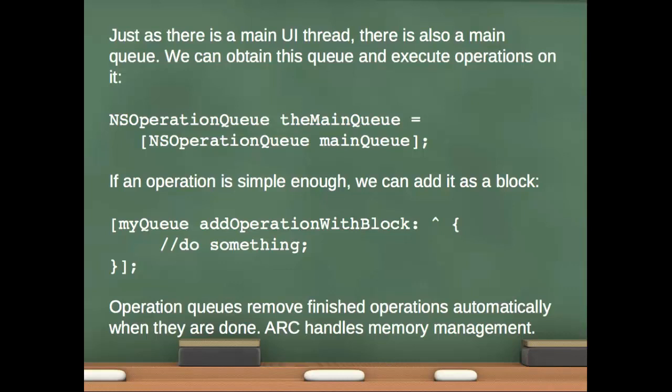Now remember, in an NSOperation, we need to wrap whatever we're doing inside the main method of the NSOperation in an autorelease pool. That way, everything within that operation gets released. But as far as operation queues go, these are first-class objects within Objective-C and within iOS, and automatic reference counting will handle the memory management for that operation queue.